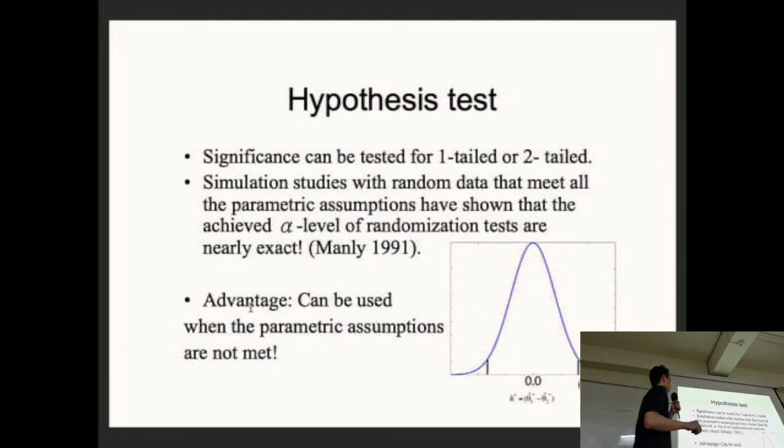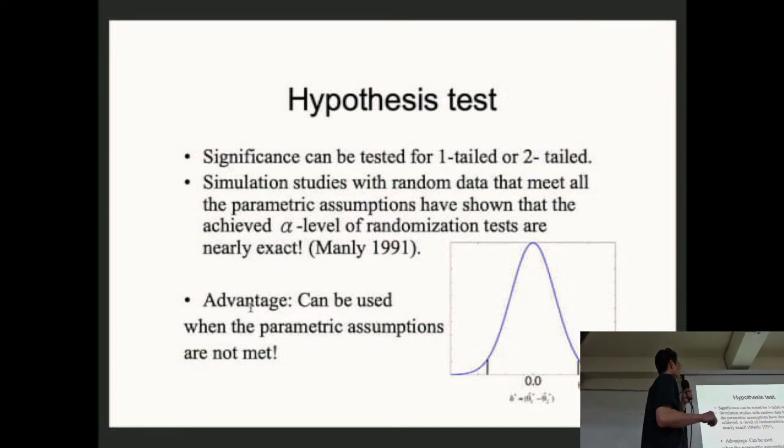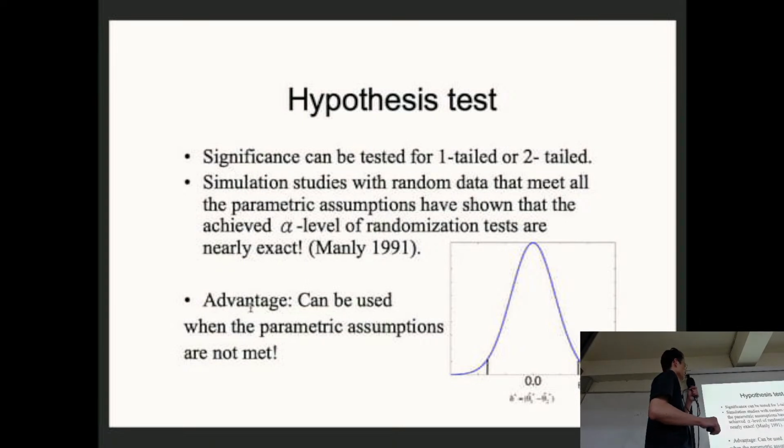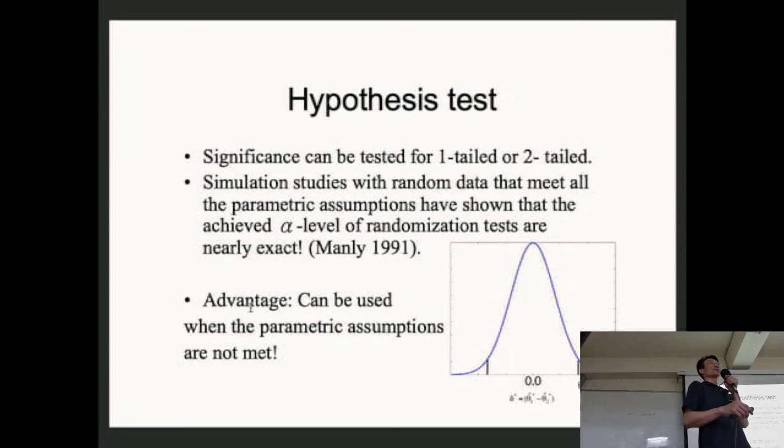And they show, in simulation studies with random data that meet all the parametric assumptions, that the alpha level of the computation is achieved exactly. And this can be done without any assumption.